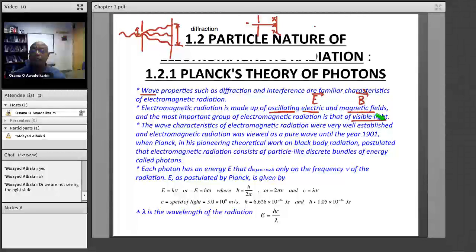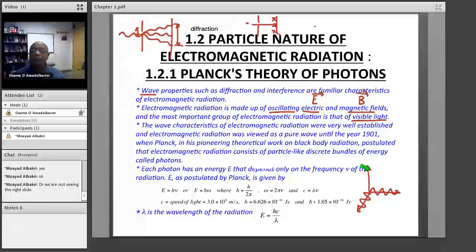So what happens in an electromagnetic radiation? Electromagnetic radiation is a wave, right, of electric field along the x direction maybe, and a magnetic field in the b direction, and both waves propagate in the z direction.